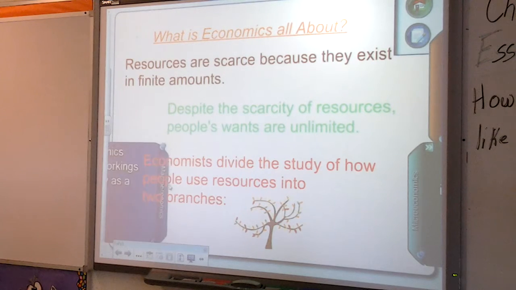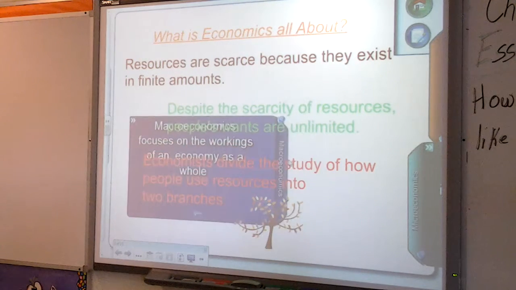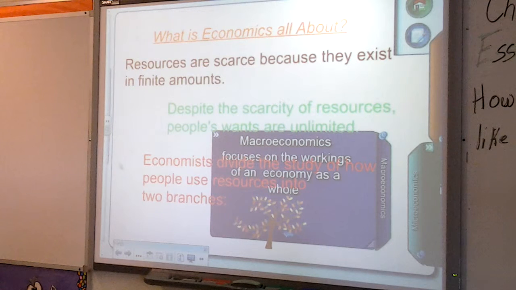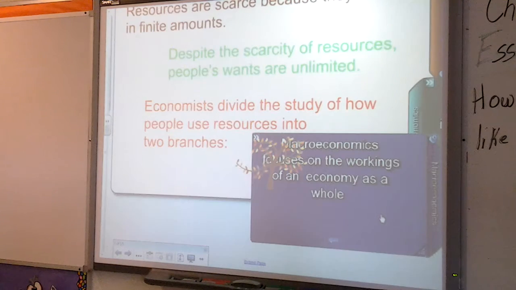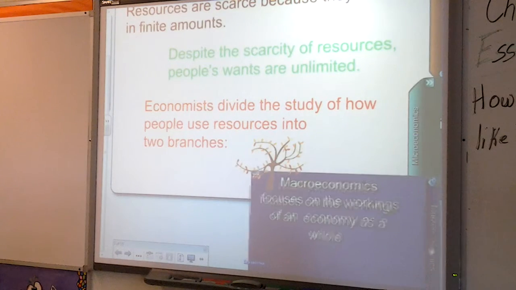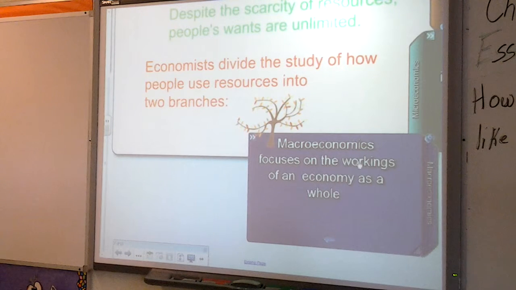The first one is macroeconomics. Macroeconomics focuses on the workings of an economy as a whole. So it's looking at the whole economy of the United States. That's macro. It's the big picture.